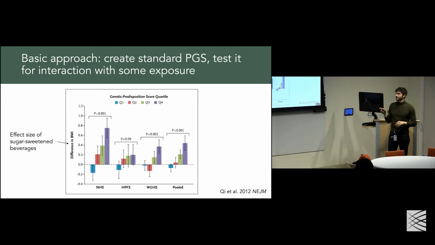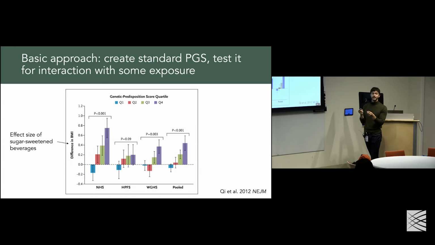What they're showing on the y-axis is not BMI itself, or a mean, but rather the effect size of sugar-sweetened beverage intake on BMI. And what they were seeing is that the higher one's standard genetic predisposition to higher BMI was, the greater impact a BMI-increasing exposure like sugar-sweetened beverages had on that outcome.